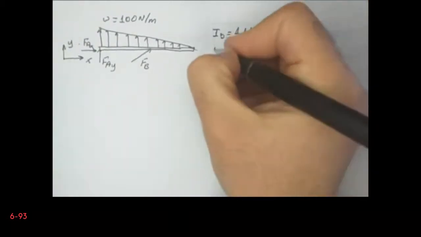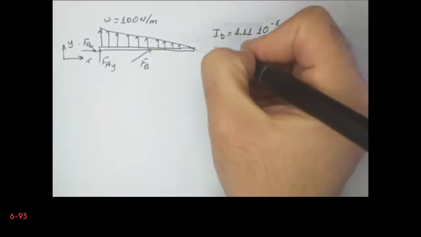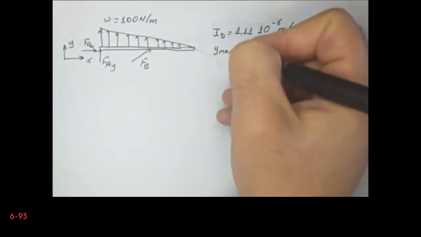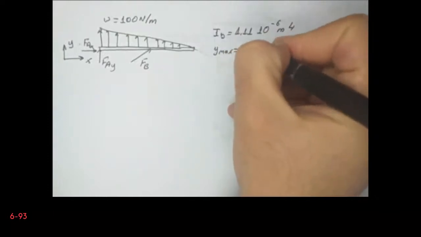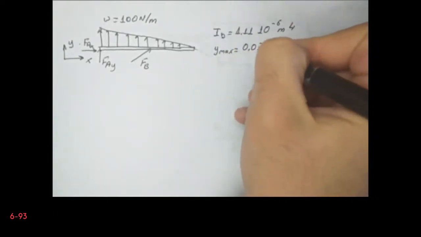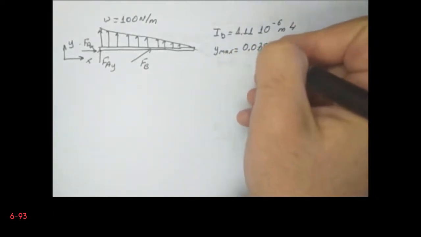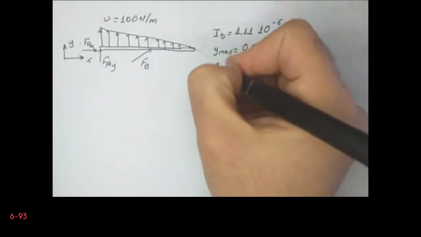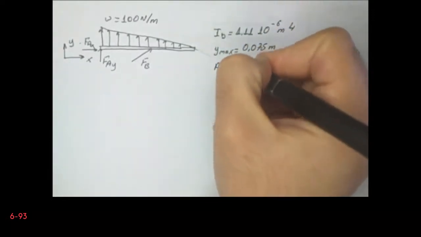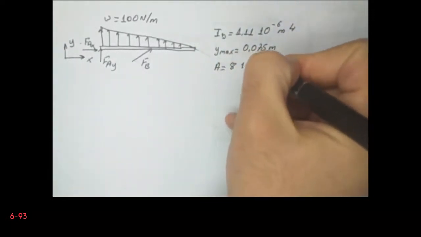The depth of the neutral axis is given. It is 75 millimeters, so it is 0.075 meters. And area, cross-sectional area, is given. That is A is equal to 8 10 to the power minus 4 meters square.